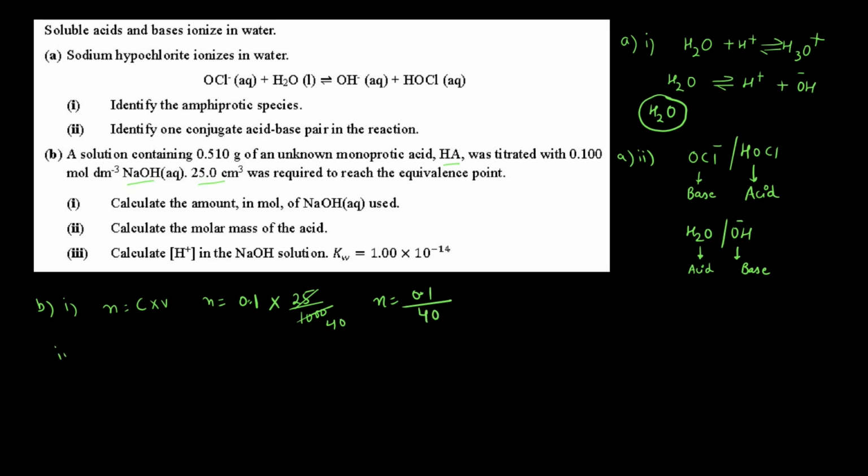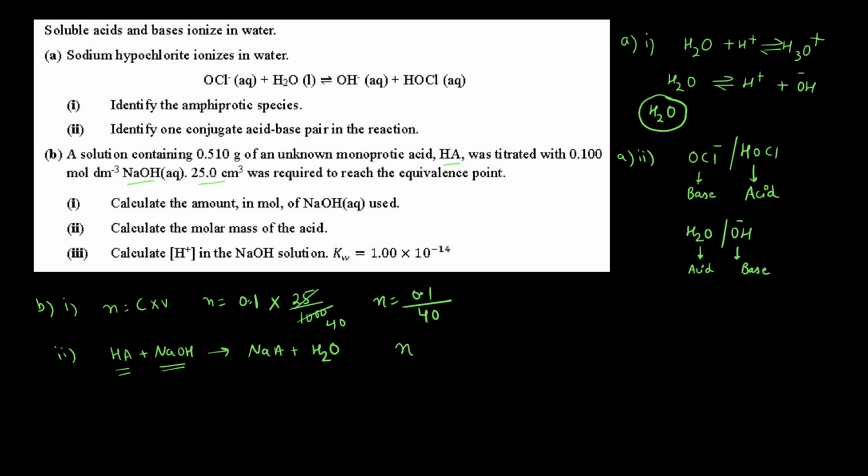Now the second part is calculate the molar mass of the acid. So we know that 1 mole of HA reacts with 1 mole of sodium hydroxide to give NaA and water. So the moles of sodium hydroxide will be the same as the moles of HA.